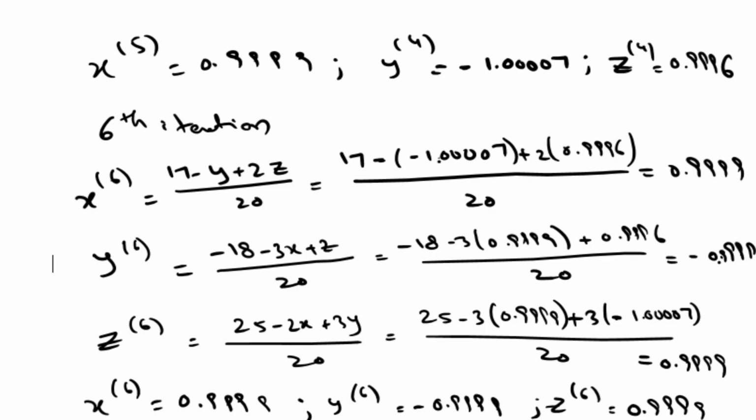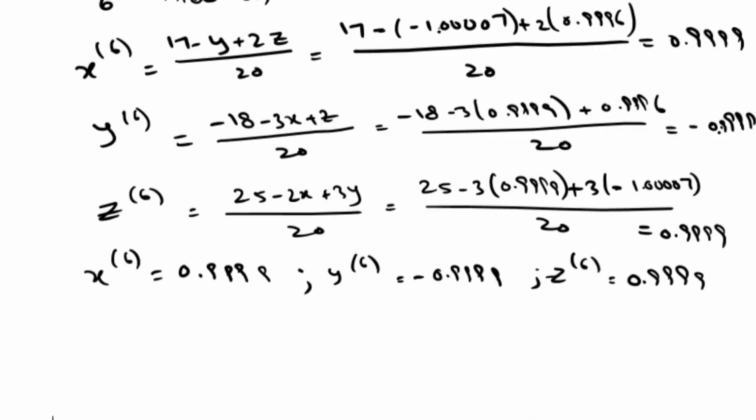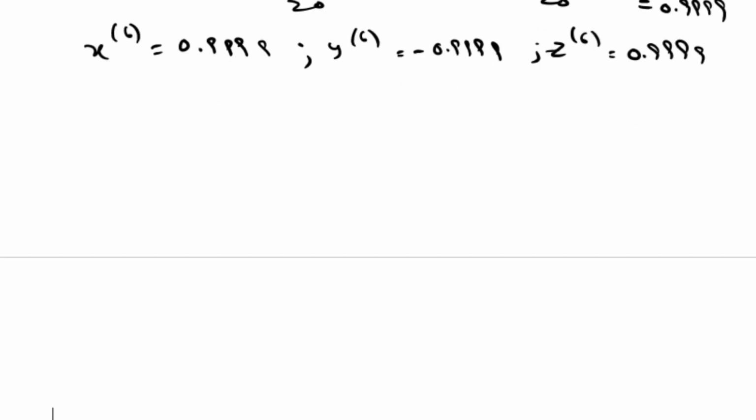Now from these values, again you need to find the values for the seventh iteration.